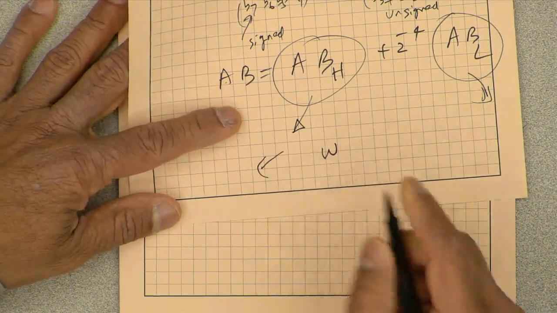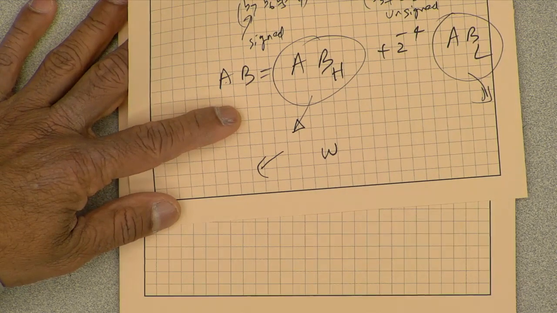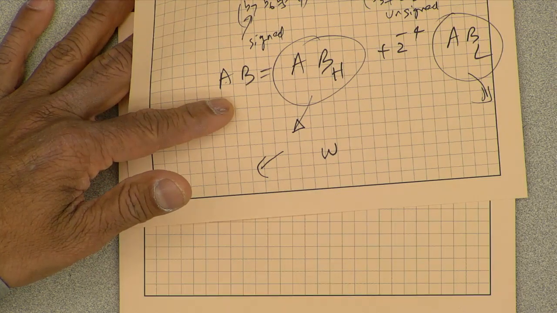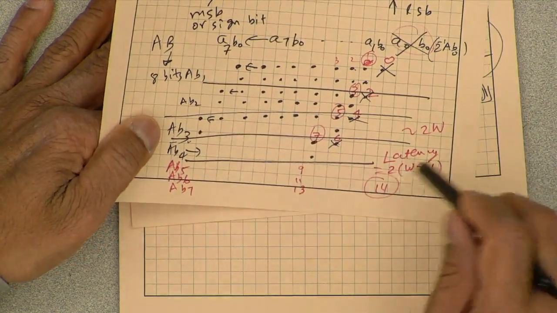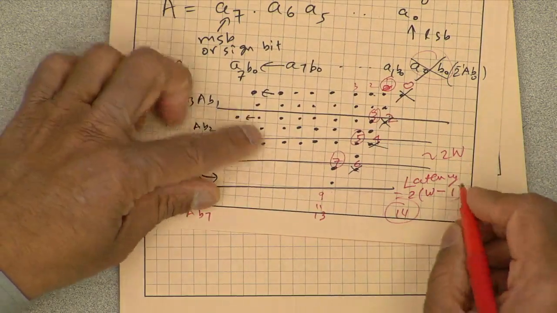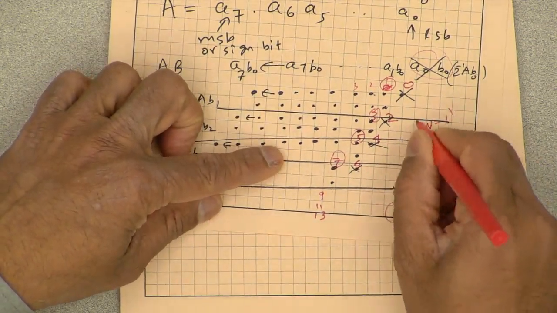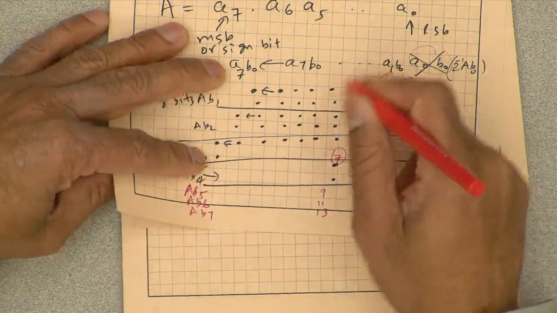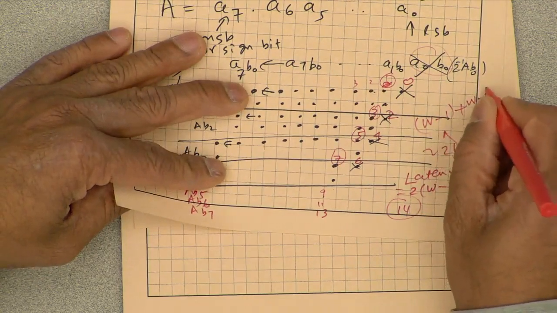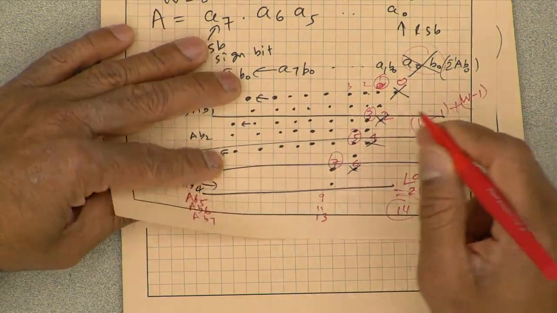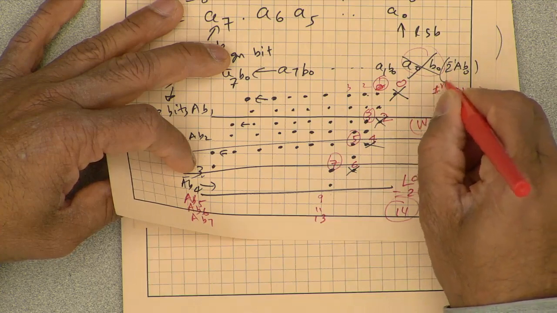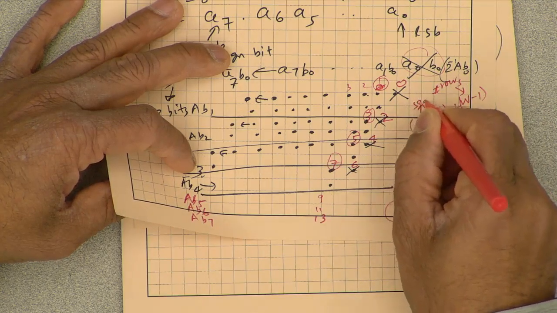So the W that I was talking about was 2W minus 1: W minus 1 because of the sequential add, and another W minus 1 because of the number of rows being W. So this is due to the number of rows, and this is because of the sequential add process.